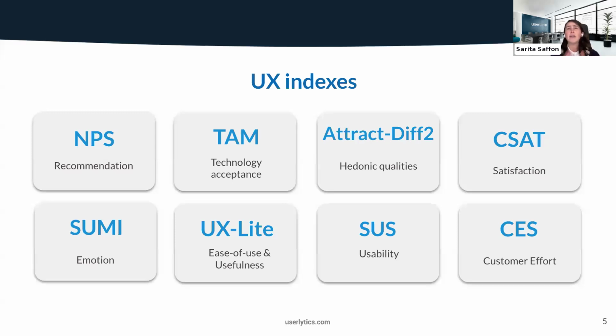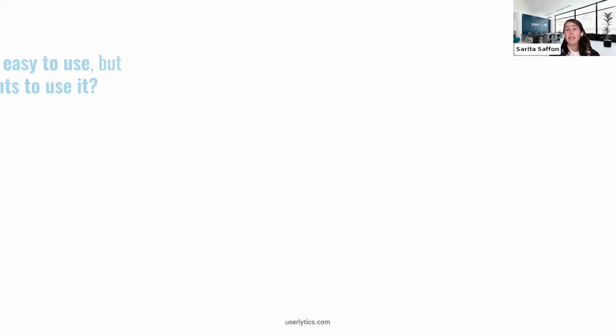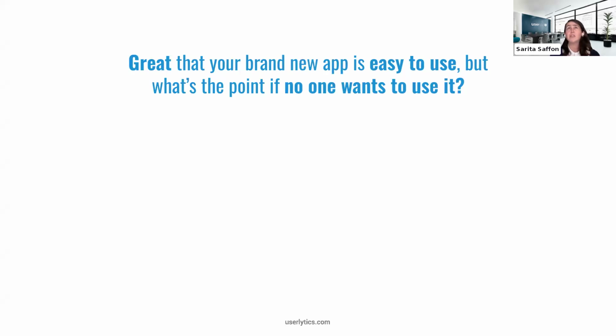But as you can see, in all of these they're evaluating one or maybe two variables included in that user experience, but they're not including them all. Because it is great that your app is easy to use, but what is the point if nobody really wants to use it?